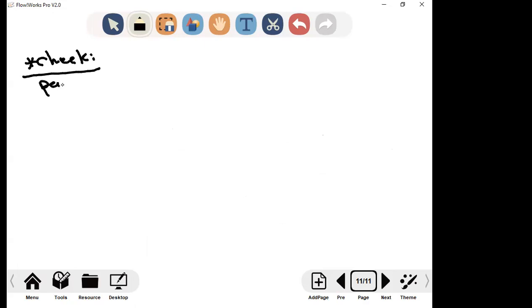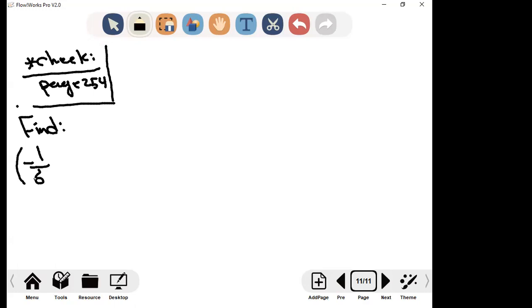We are on page 254. Find negative 1 over 6x plus 3 over 4 minus half x minus 1 over 8.